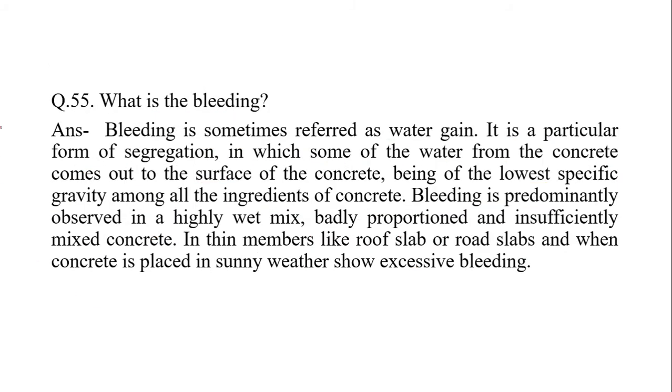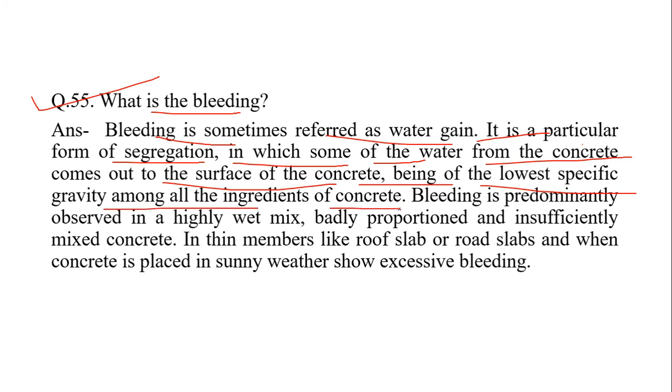Last question, question number 55. What is bleeding? Bleeding is sometimes referred to as water gain. It is a particular form of segregation in which some of the water from the concrete comes out to the surface of the concrete, being of the lowest specific gravity among all the ingredients of concrete.